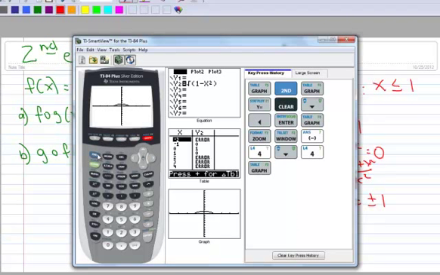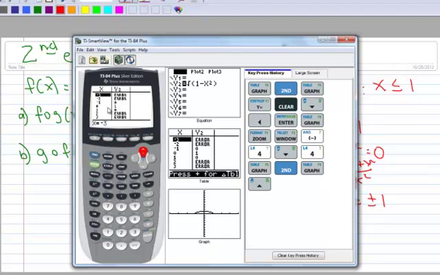Okay, let's go look at our table and see what that looks like. All right, so let's put that right in the middle of the screen. So it looks like from -1 to +1, we have a valid domain, and when we get smaller than -1, we do not have a domain any longer that's valid. And we get larger than 1, we don't have a domain that's valid either.